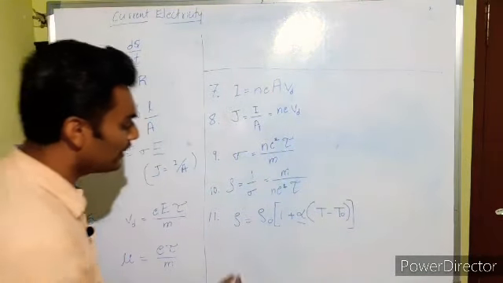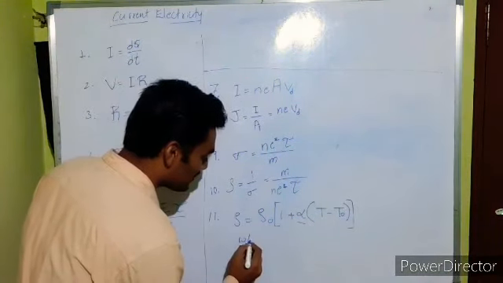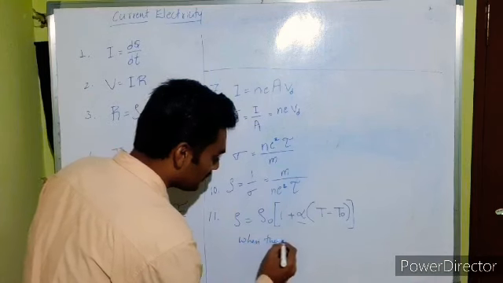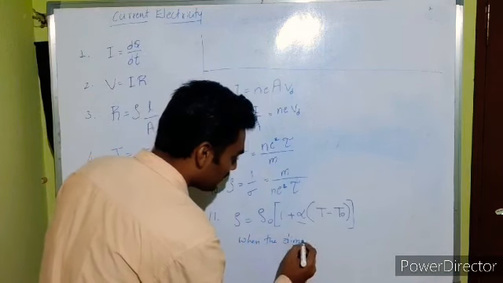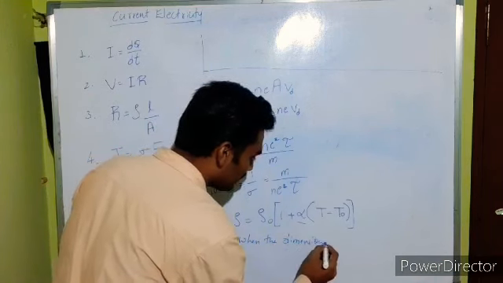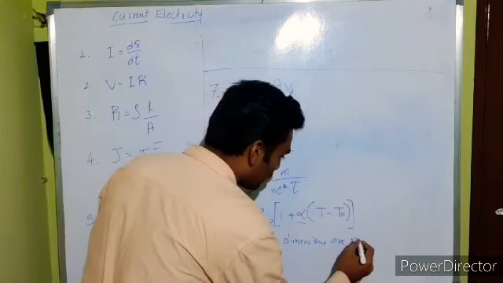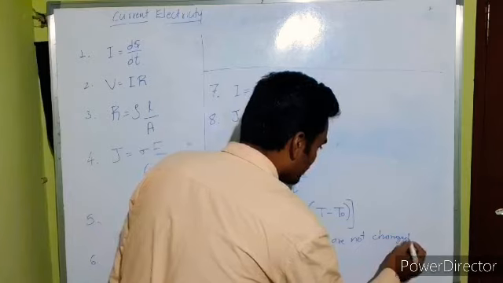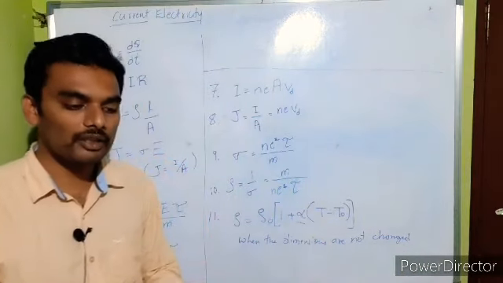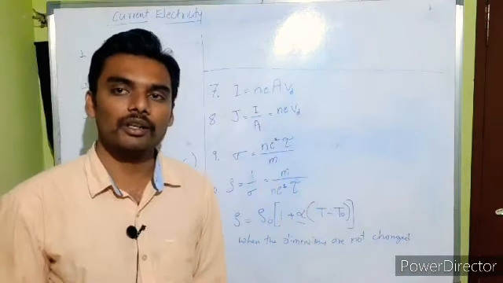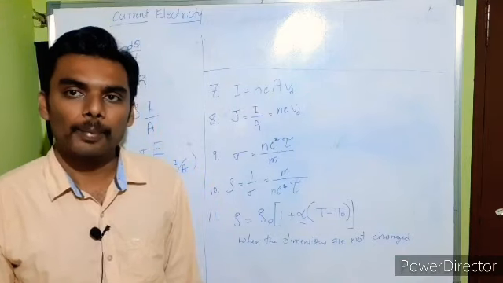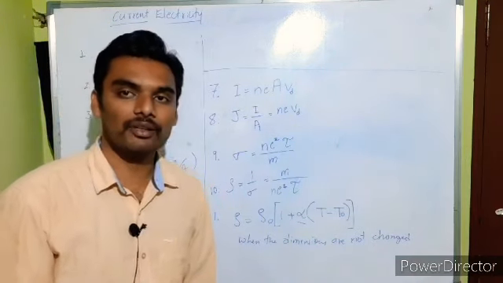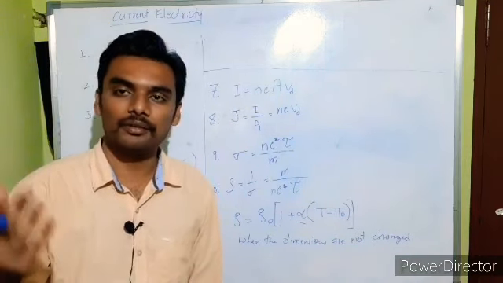So when the dimensions are not changed, only temperature is changed. You have taken a 2 meter copper wire of 1 millimeter squared area, and you have heated it to a higher temperature.